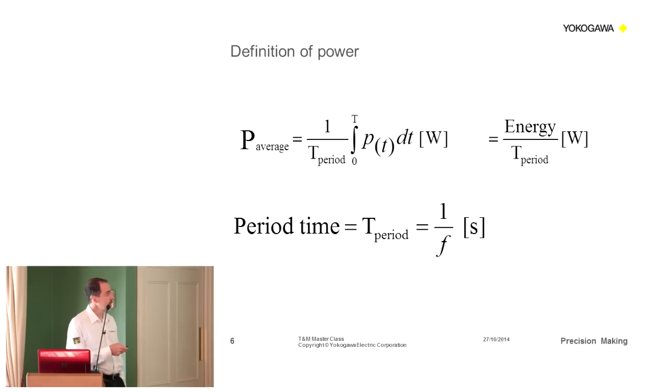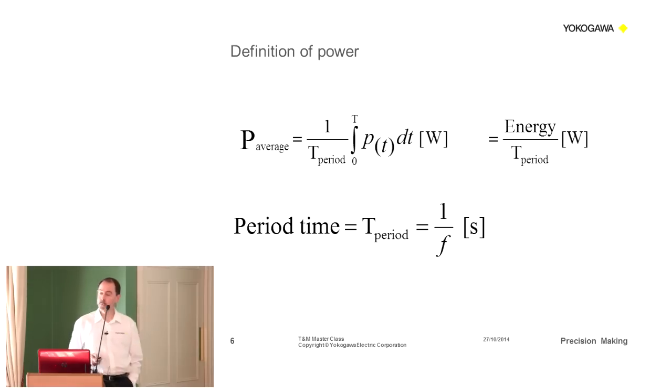Then, to get average power, because this is a fundamental definition of power, we integrate over a whole number of periods. You can see that we can also work it out if we continuously measure that and divide by T; we have the same result.